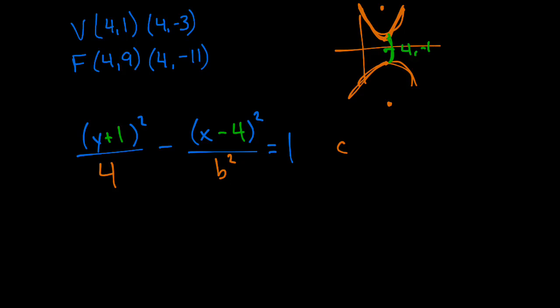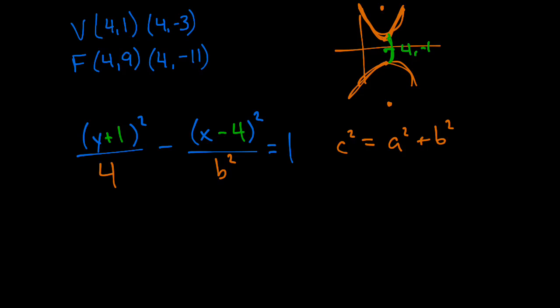So again, we know the distance to the foci squared, so c squared equals a squared plus b squared for a hyperbola. What's the distance to each of our foci? So from (4, -1) to get down to -11, that's a distance of 10. So in this case, c is 10.